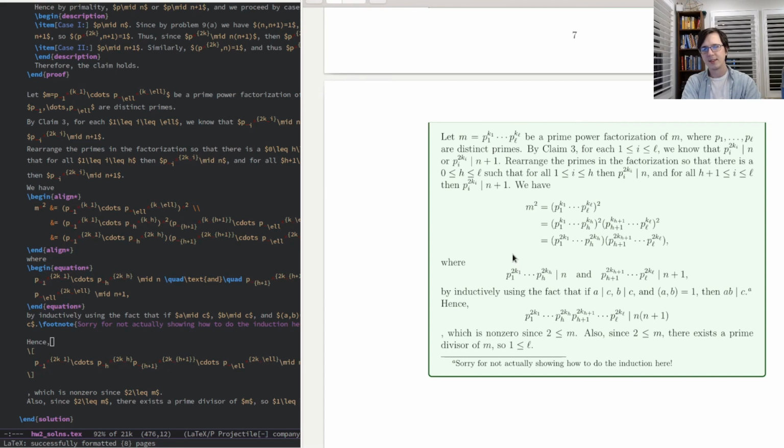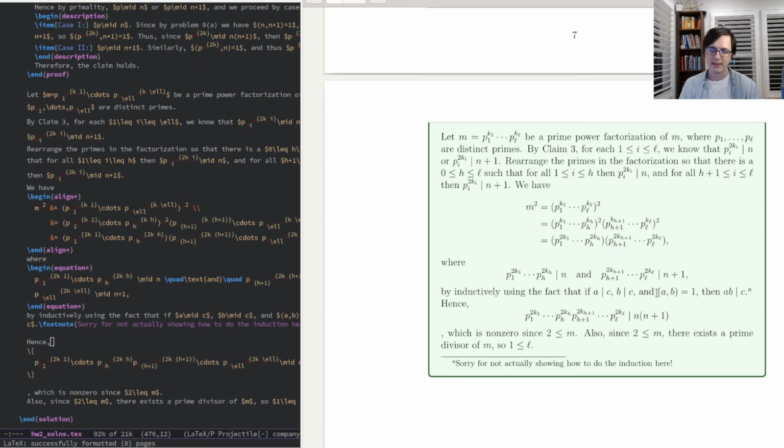So we've got a number that divides n and a number that divides n plus 1. And we know that when we multiply them together, we get a number that just equals n times n plus 1.